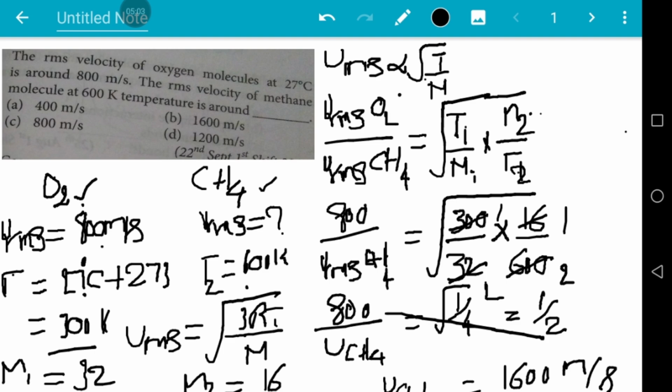Substituting the values, you get the URMS of CH4 as 1600 meters per second. So this is the first question.